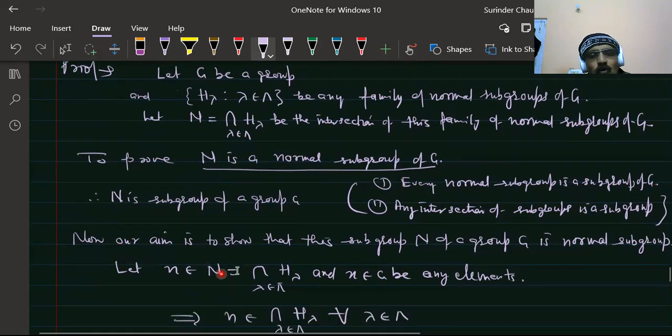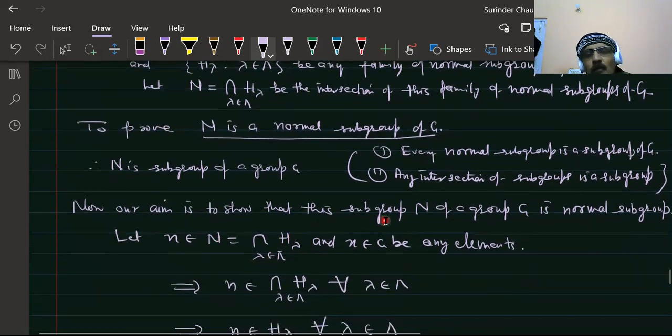Now our aim is to show that this subgroup N of the group G is a normal subgroup. So let us take any element n belongs to N. Belongs to N means n belongs to the intersection of H lambda normal subgroups where lambda belongs to capital Lambda, and let x belong to G be any element.